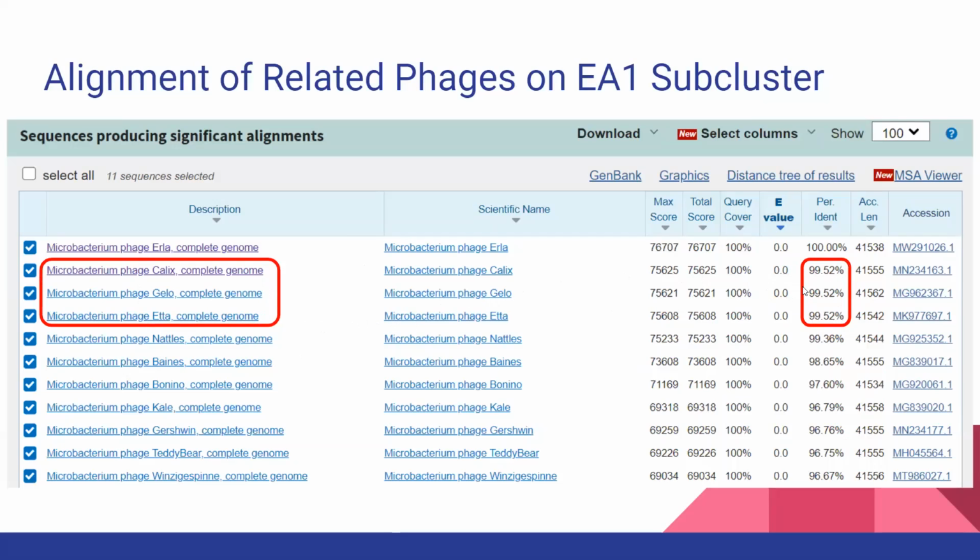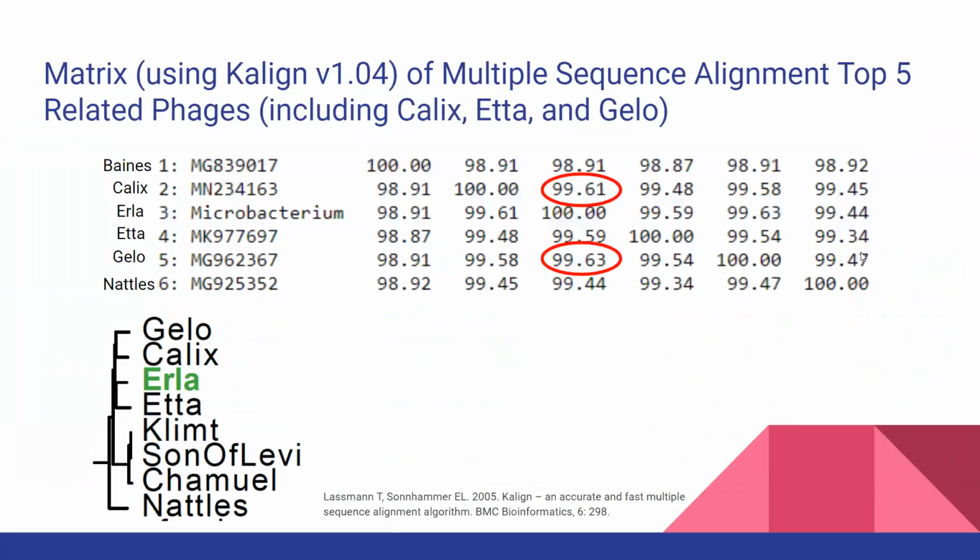And you can see here their percent identities are very, very similar, very distinct from the rest of these bacteriophages. And so really what their difference is this total score here, which identifies how good the alignment is between these two genomes. And we can see here that Calyx has a marginally greater total score, so it is the best alignment.